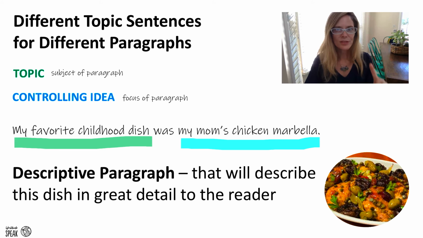Well, this would be a great topic sentence for a descriptive paragraph. And that paragraph is going to describe this dish, in my case, the chicken marbella, in such great detail to the reader that they can almost taste it.